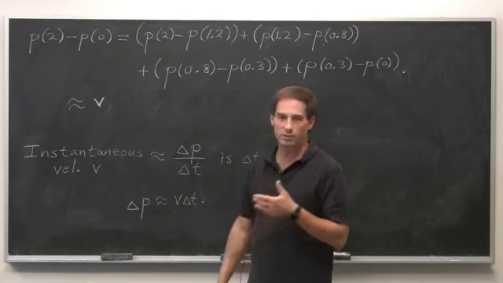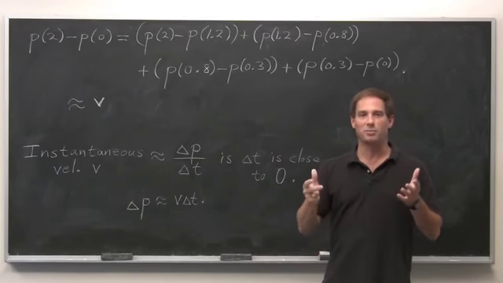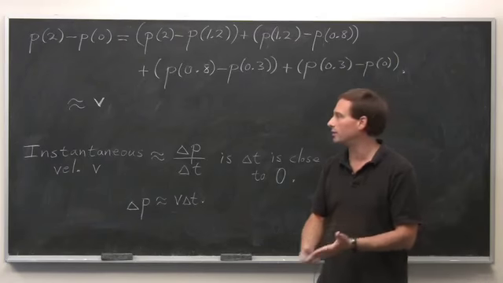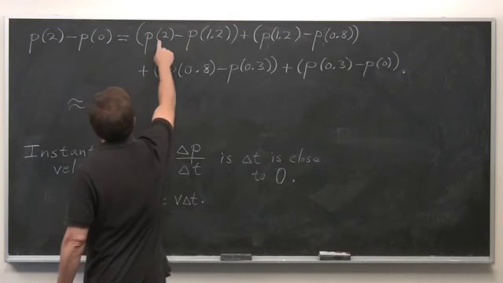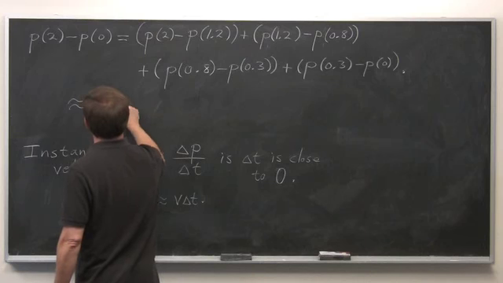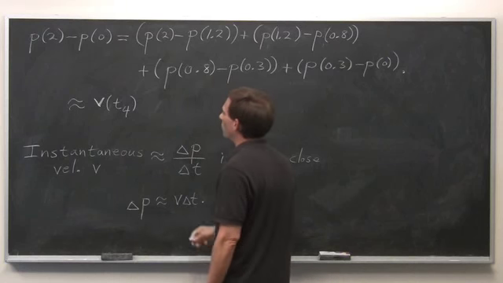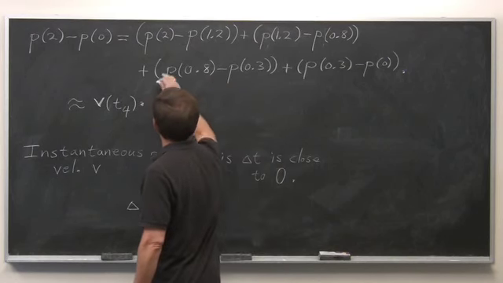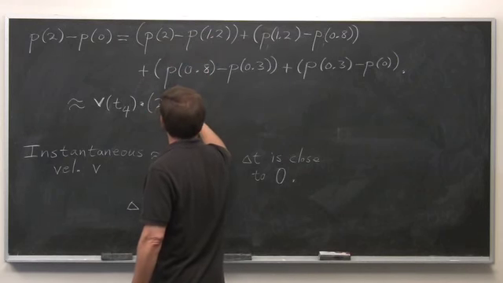We named the times T1, T2, T3, and T4, where we're given the velocities. We're going to say that P of 2 minus P of 1.2 is approximately the instantaneous velocity at time T4 times the change in time, which is 2 minus 1.2.